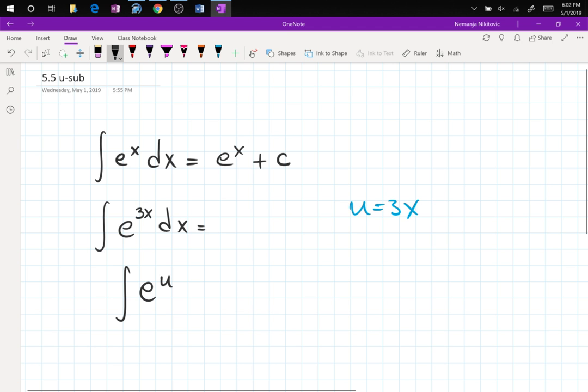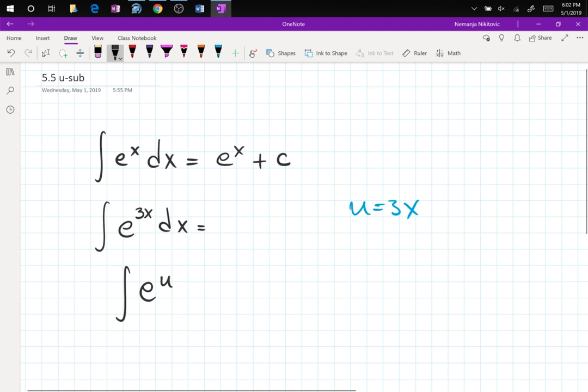But there's no free lunch. When you changed your variable from x to u, your dx, which is in terms of x, has to also change to du. All of your variables across the board have to be of the same kind, and that kind is now u.